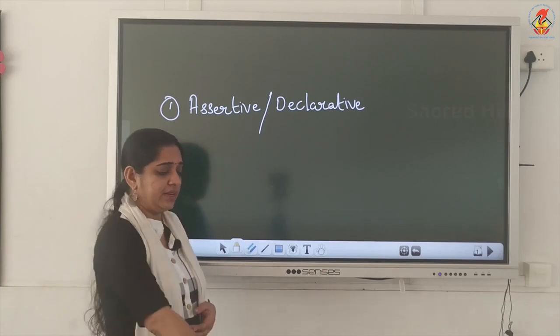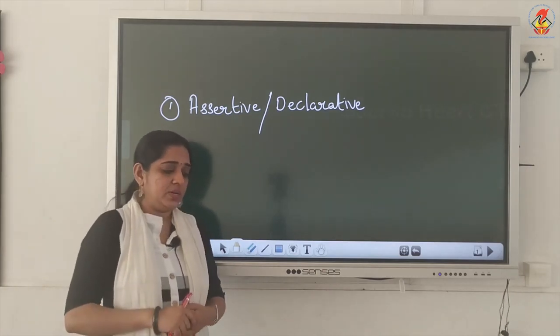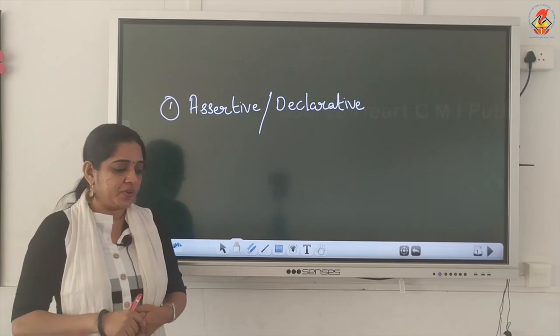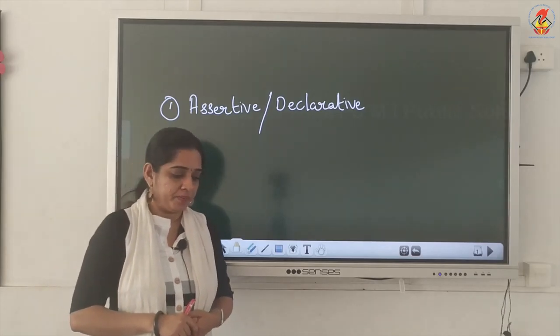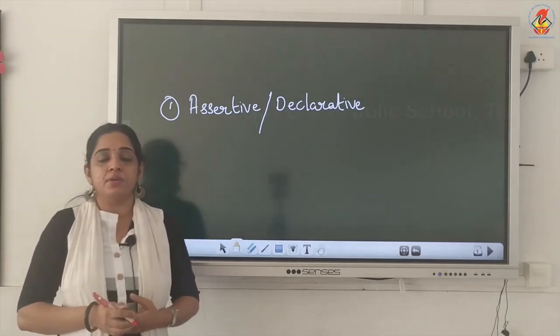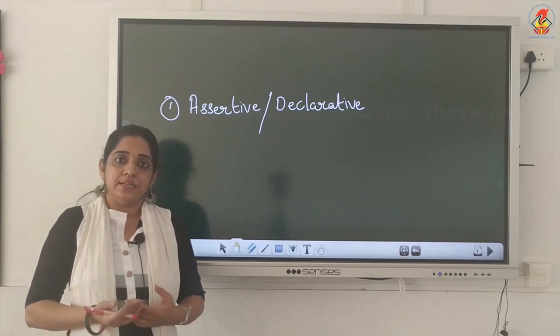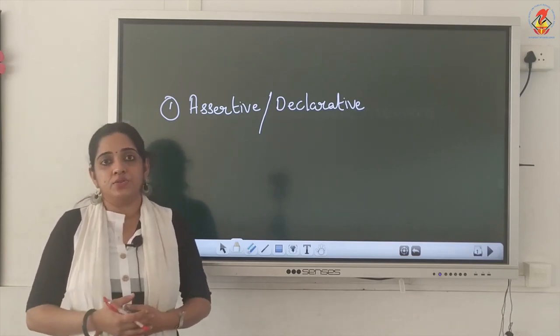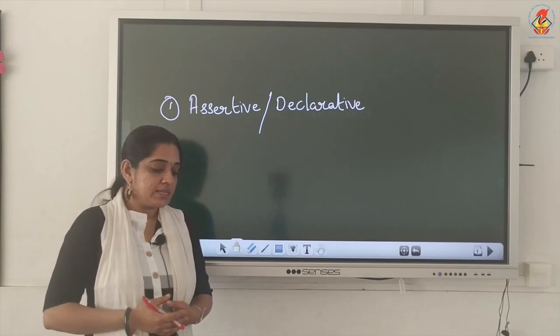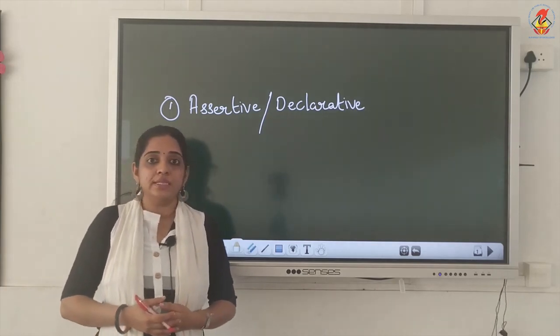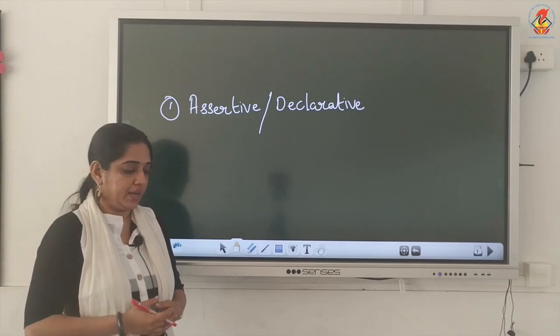Now you can see the textbook. Kunal is an intelligent boy. Farah loves to eat ice cream. These sentences say something in a casual way. So these types of sentences are called assertive or declarative sentences.